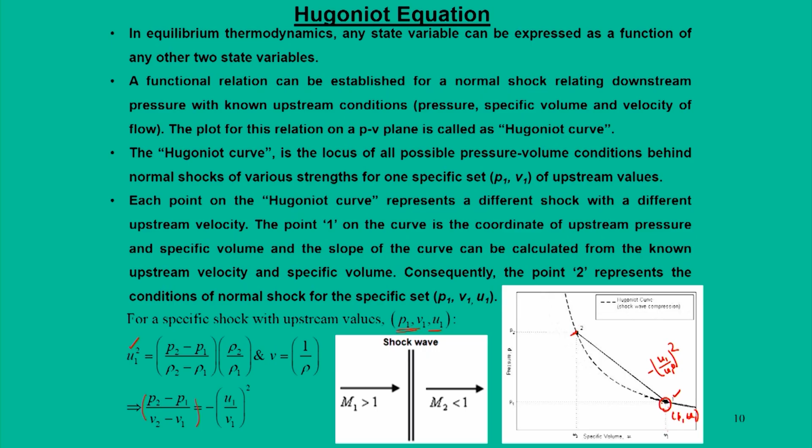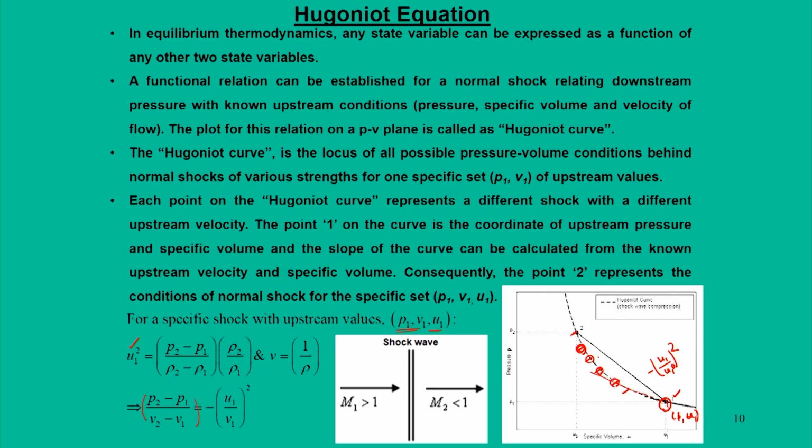Another point we can draw for a different value of u. So for u1, u2, u3, likewise from this point we can draw along this slope and arrive at different pressure values. This is for the u1 value, another point for the u2 value, another for u3, another for u5 value.